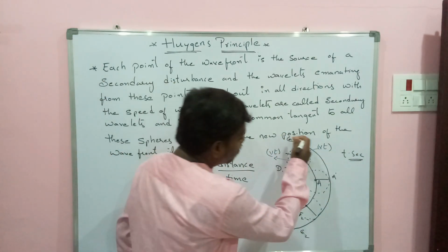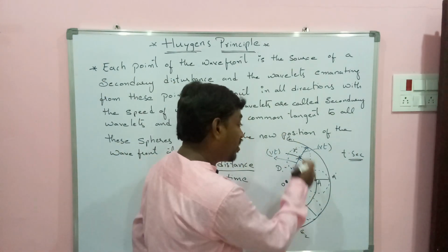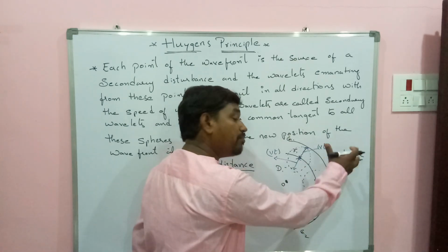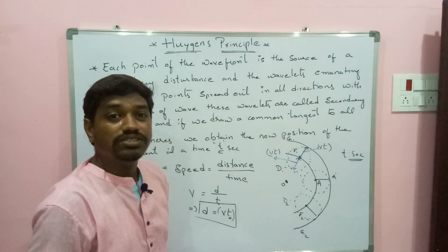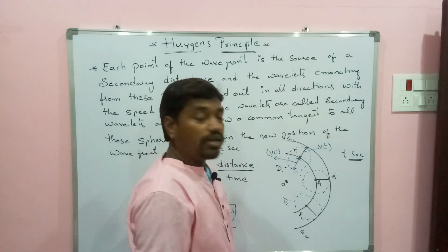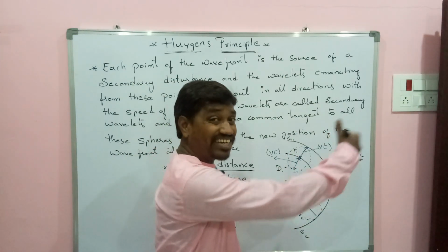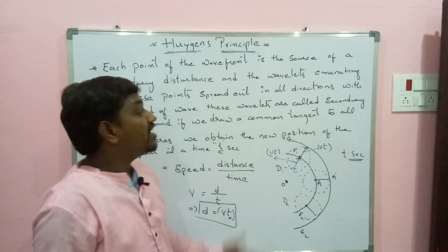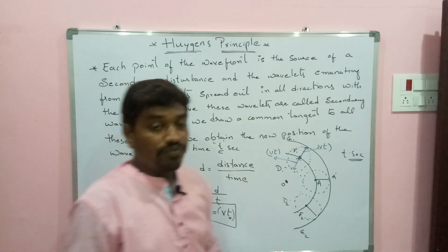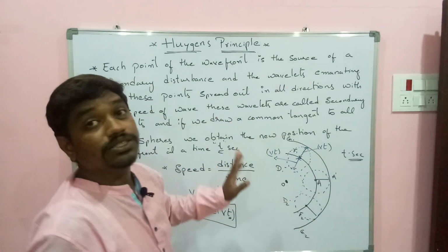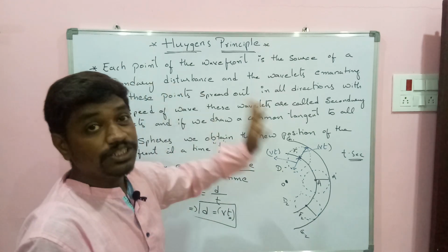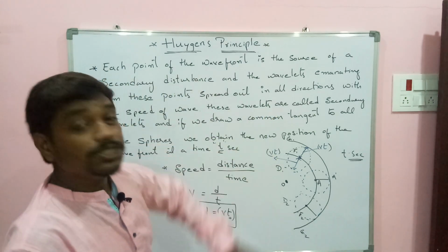Again we can locate some points. They again behave like secondary sources, and we will get the position of the wavefront after a certain time interval. Like this we can explain the advancement of a wave using this principle. What is this principle? Huygens principle. What does Huygens principle say?